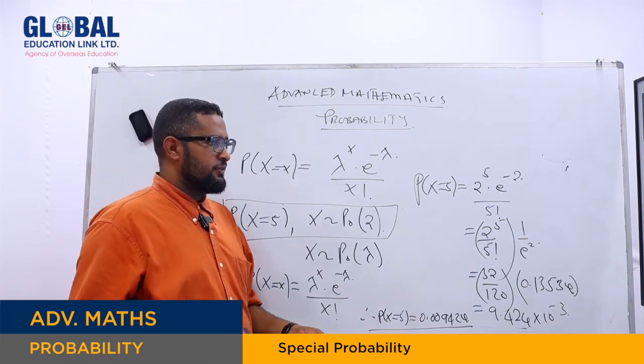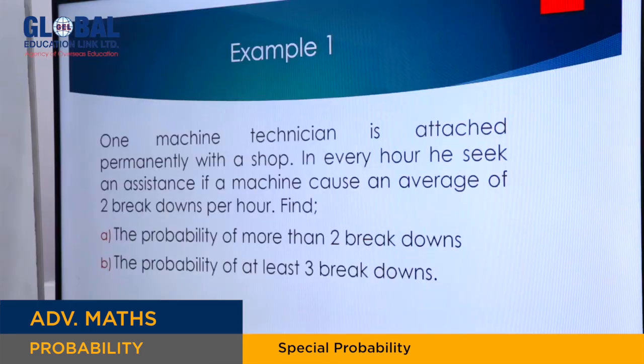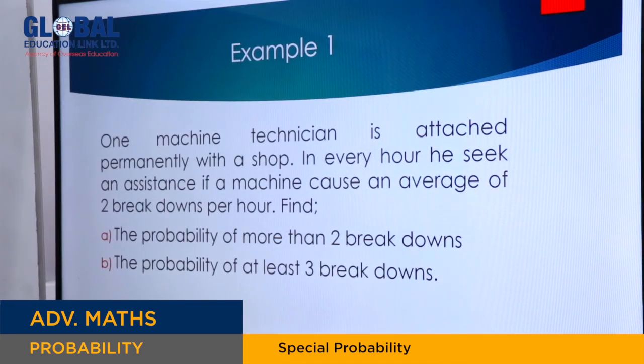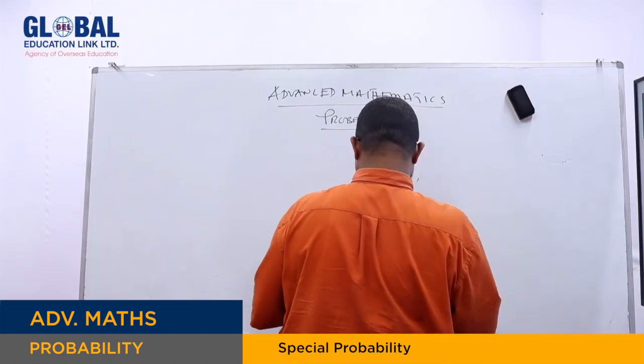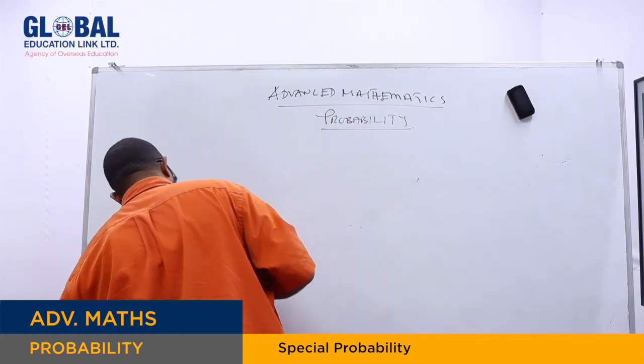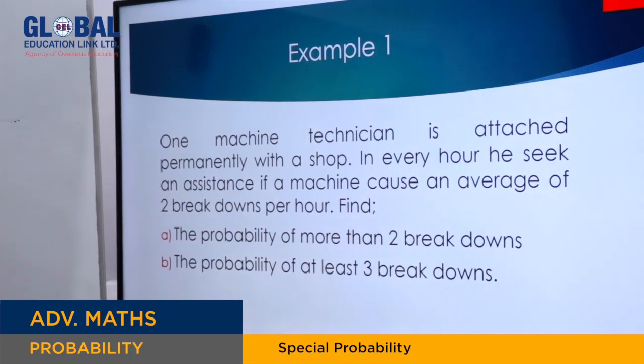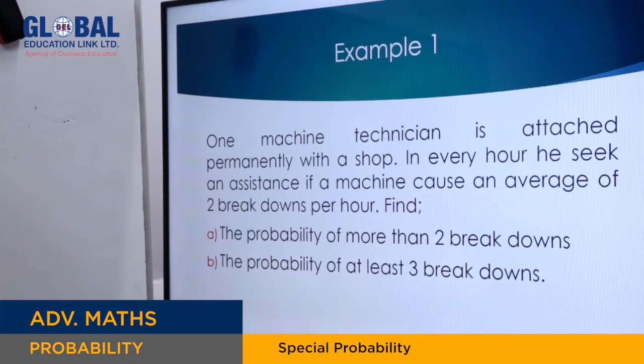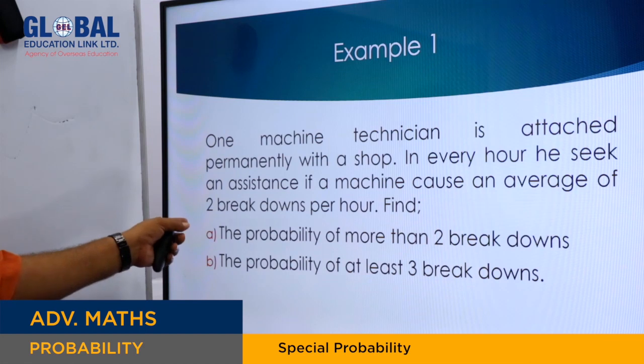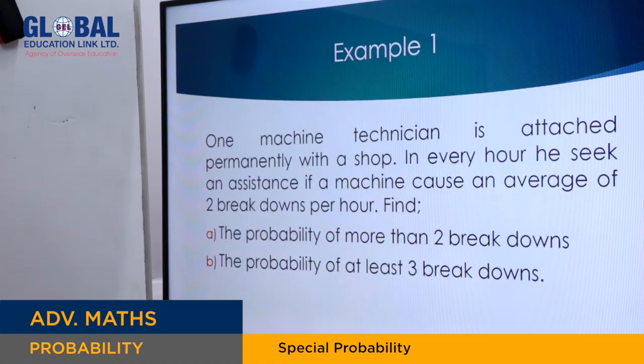Now let's check example number 1 on Poisson distribution. One machine technician is attached permanently with a shop. In every hour, he seeks an assistance if a machine causes an average of 2 breakdowns per hour.